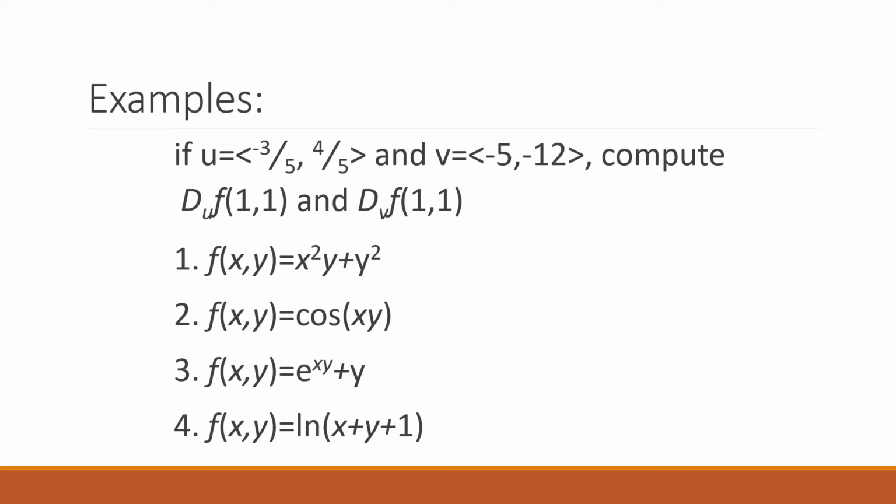Okay, so I have these two vectors, and let's just do one of these problems. Let's do number 1 with these two vectors. Give me a sec here to figure this out. I have to draw this. 1, 1. Vector u is -3/5 and +4/5. Okay, so that's going up here.